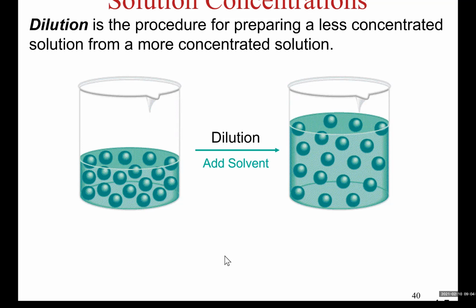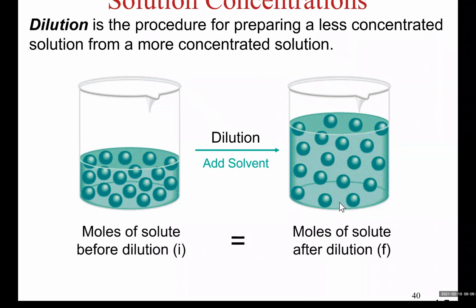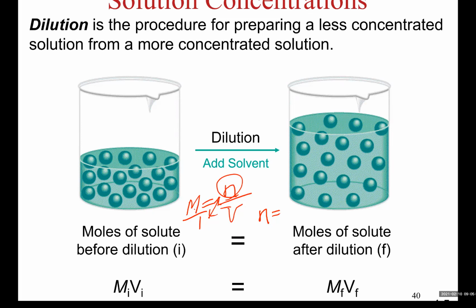So is it fair to say that the number of moles of the solute is equal before and after dilution? And what do we know about the number of moles of solute? Do you remember molarity was defined as number of moles divided by volume? So if I solve this equation for the number of moles, which is n, I can say n is equal to molarity times volume.